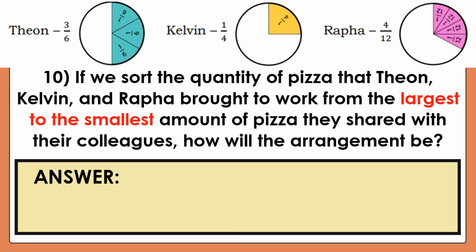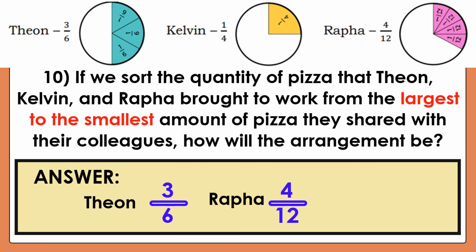And last, number 10, if we sort the quantity of pizza that Theon, Kelvin, and Rafa brought to work from the largest to the smallest amount of pizza they shared with their colleagues, how will the arrangement be? The answer, Theon 3/6, Rafa 4/12, and Kelvin with 1/4.